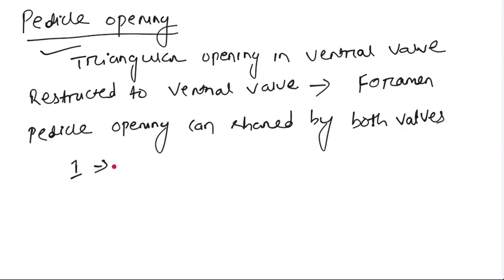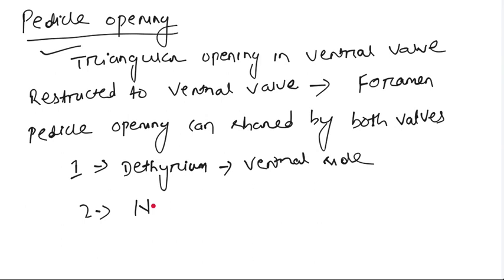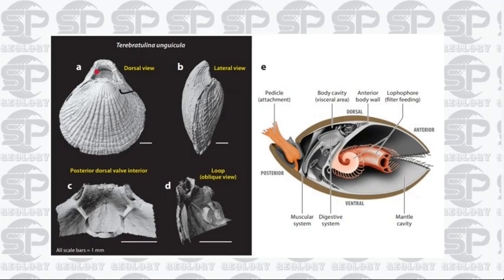The pedicle opening in the ventral side is called the delthyrium. The pedicle opening in the dorsal side is called the notothyrium. So this is a pedicle opening, from which the pedicle goes out.